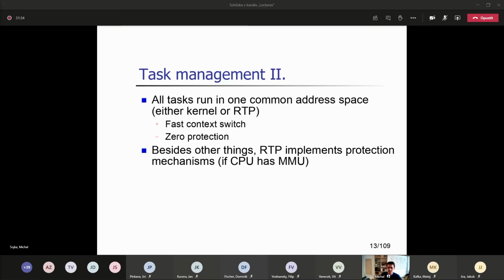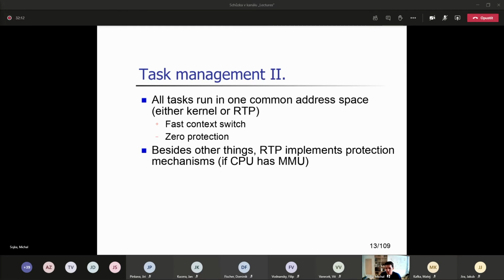This is the case when the tasks are running in the same address space, which means either the tasks running in the kernel, like kernel module, or when the operating system kernel is switching between the tasks in the single real-time process. So the advantage of this kind of context switch is that it is fast because you really need to just save a few registers and restore the registers of the new task, and then this is the switch.